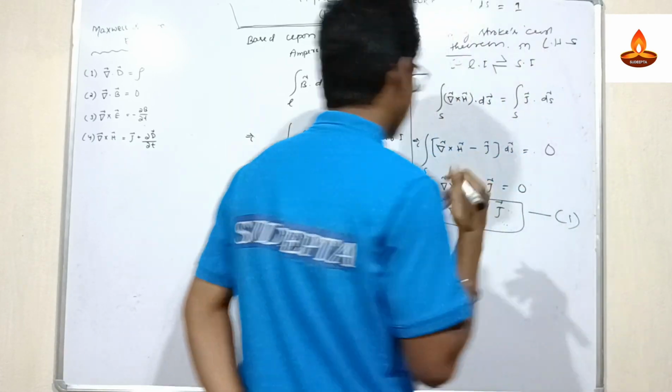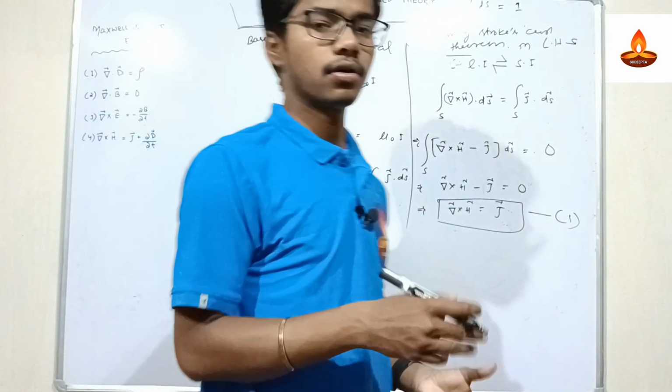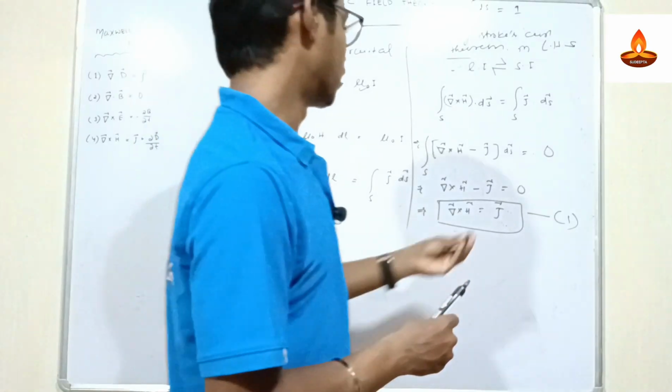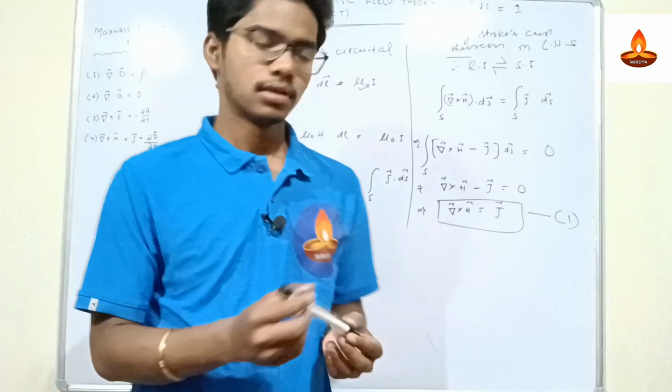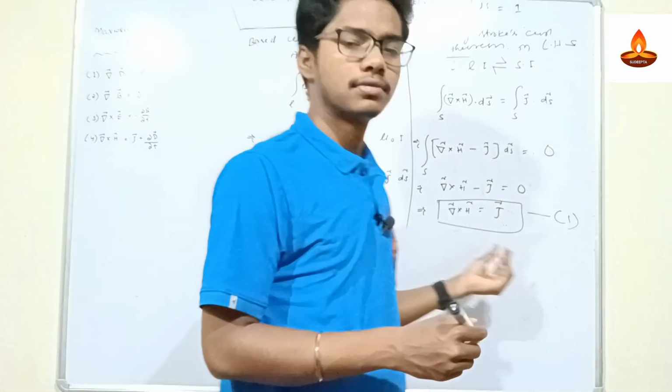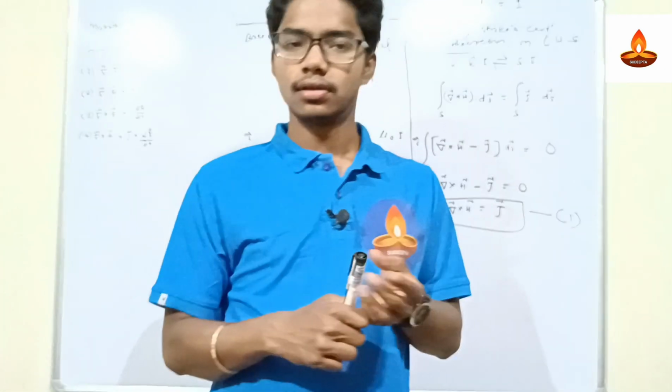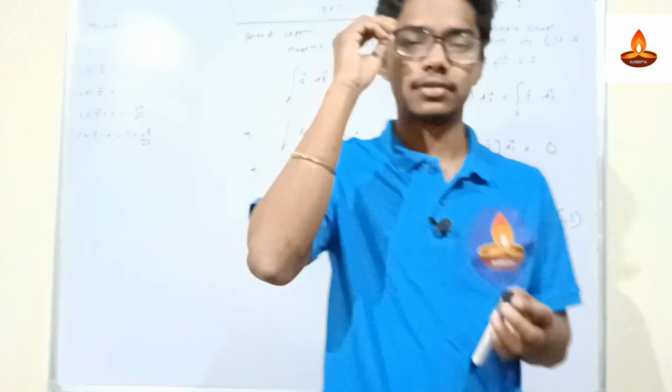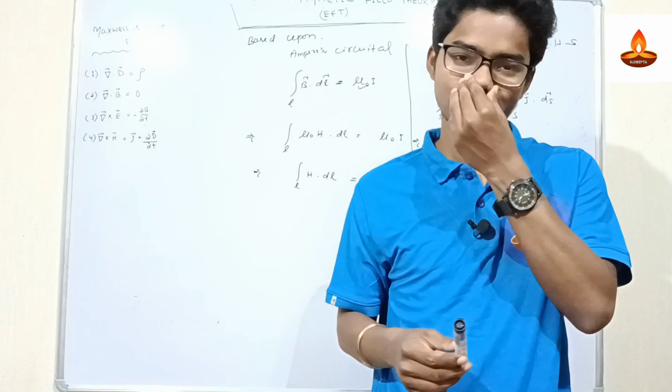Let's say this is equation 1: curl of H is equal to J, where J is the current density. What we need to check is whether this equation is valid or not. That was a very big question for Maxwell as well.